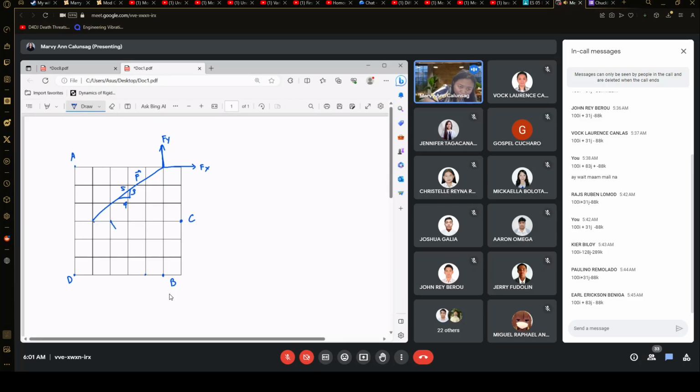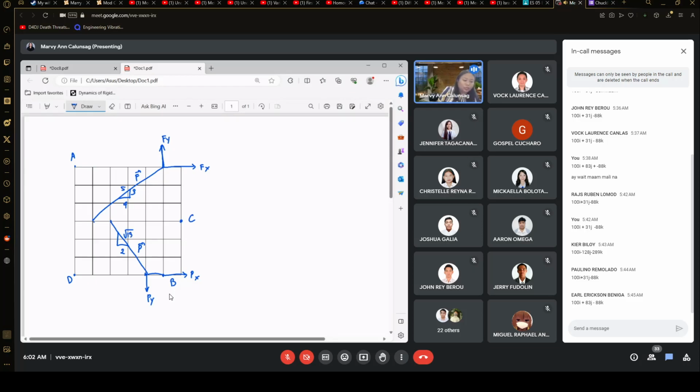This is force P. It can also be resolved into its components Py and Px. And the slope of force P: this is 2, this is the square root of 13.